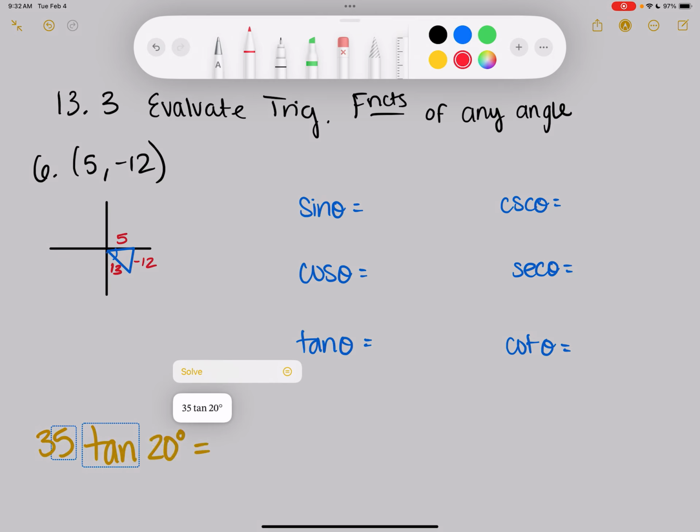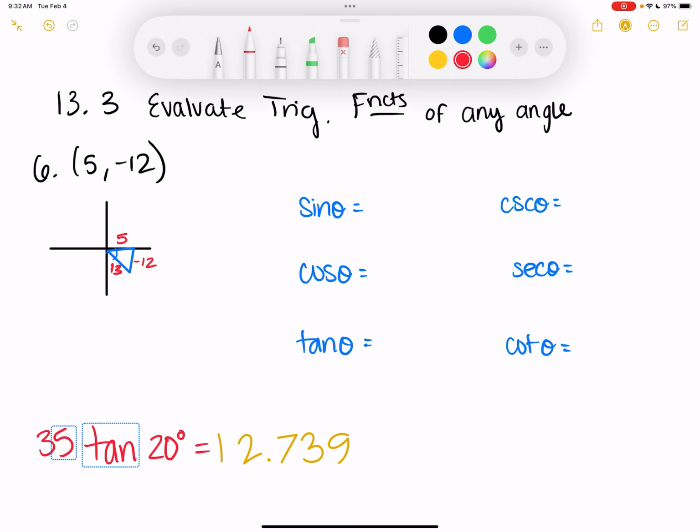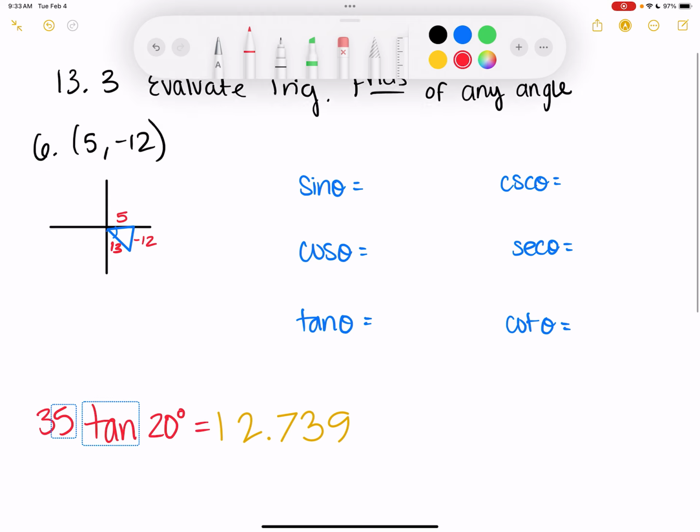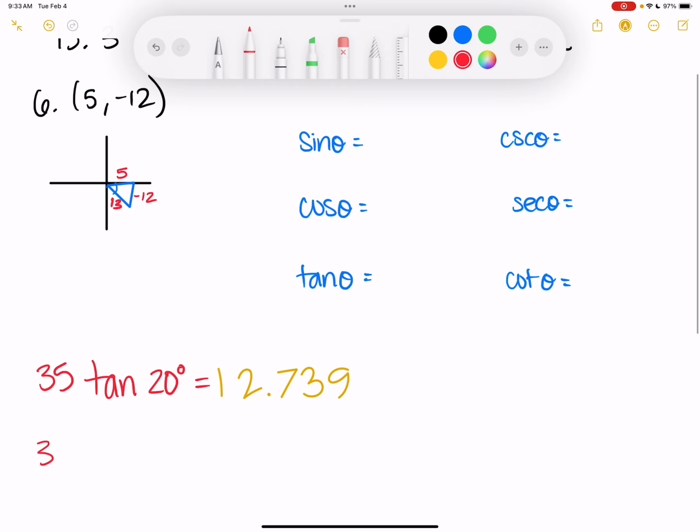That's not part of this problem, though. That's in your handwriting too. If you don't put the degree symbol, it assumes it's radians.